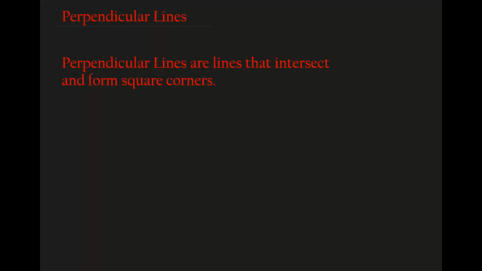Now let's look at perpendicular lines. Perpendicular lines are lines that intersect and form square corners. Intersect means that the lines go through the same point. And the lines form square corners.